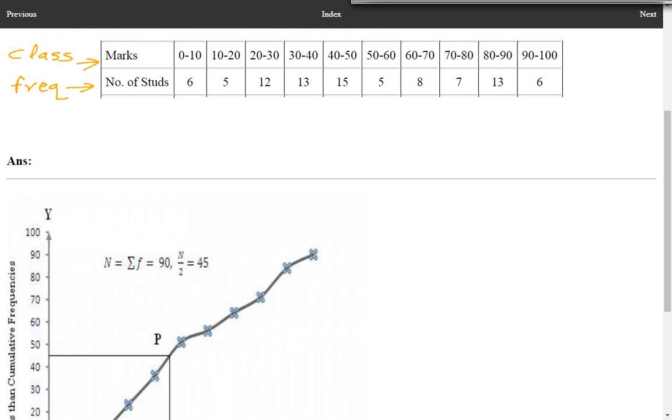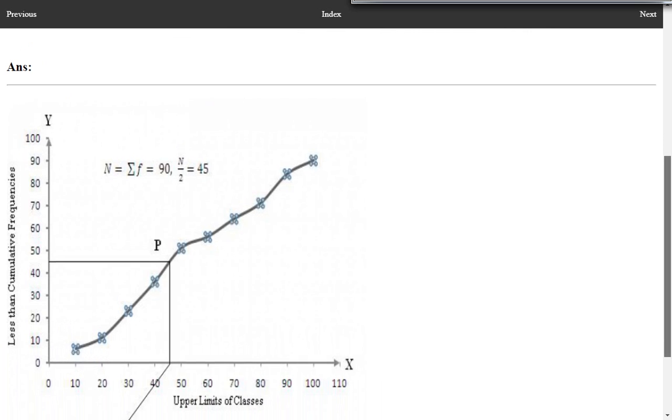On the x-axis we take the upper limits, and on the y-axis we take the less than cumulative frequencies. With this we can plot a curve.